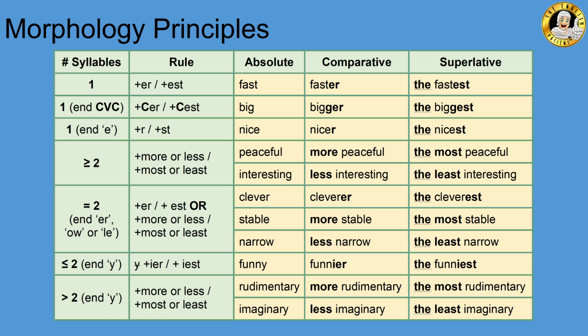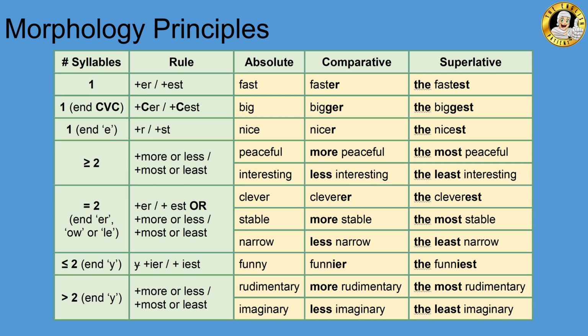Now for words of 2 or more syllables, typically we will use more if you want to say a greater quantity of the quality, or less if you want to say less of a quantity of the quality for the comparative, or most or least for the superlative.